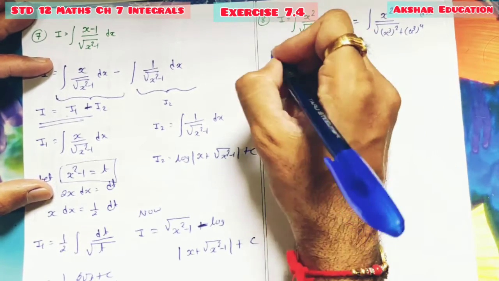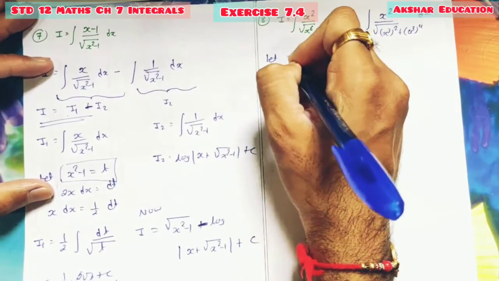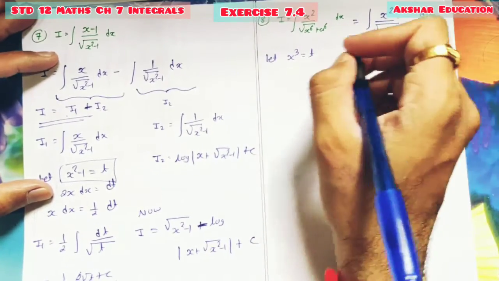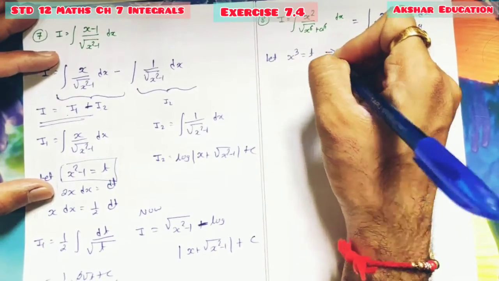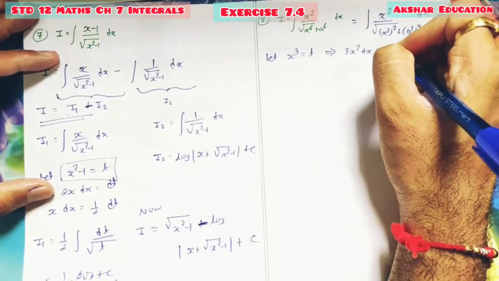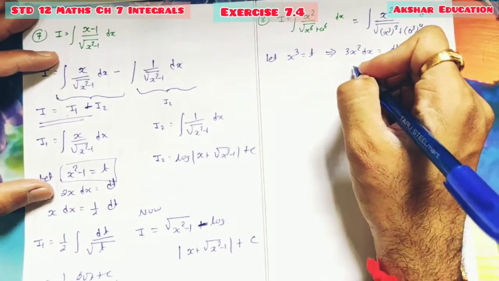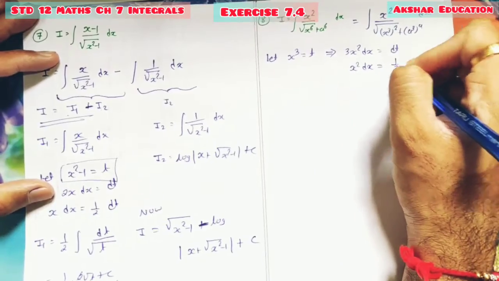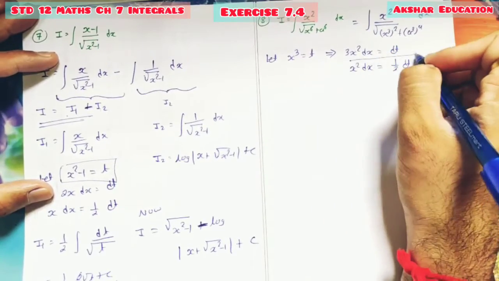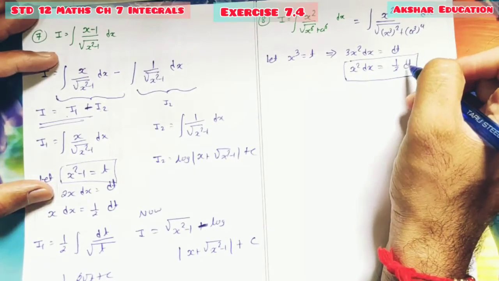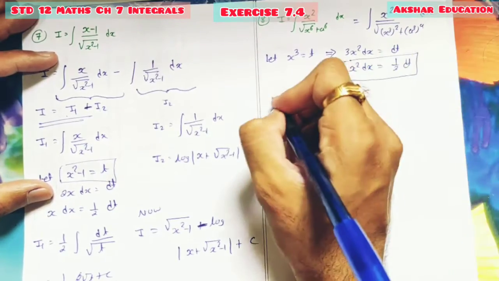So now taking substitution as x cube equal to t, replace this x cube with t. So we're getting 3x square dx equal to dt. And therefore x square dx equal to 1 by 3 dt. This is our numerator, x square dx equal to 1 by 3 dt, taking 1 by 3 as a constant.